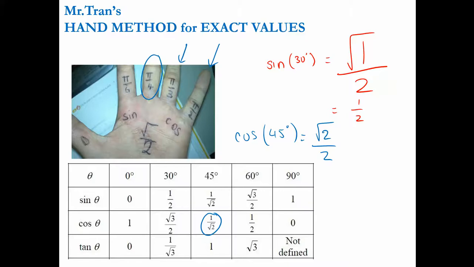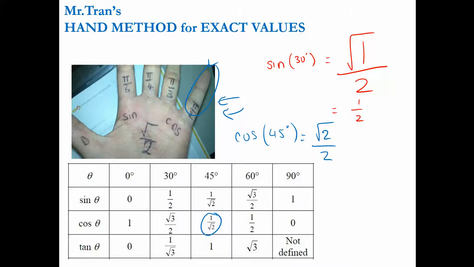If I did cos of 90 degrees, you drop down the 90 degree finger. Cos means the number of fingers I have on the right-hand side, and if I drop this finger down, I don't have any other fingers, unless you have 6 fingers, but in that case, forget about the other finger.